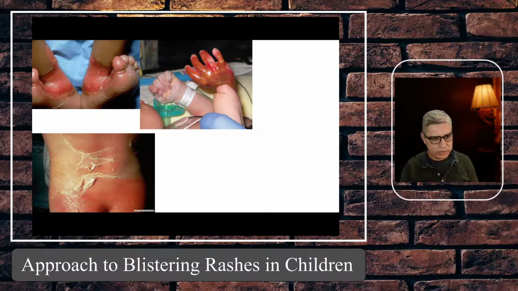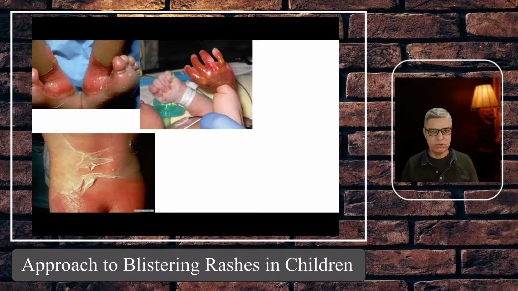And last but not the least, if you see the last photograph over here, you can see large bullae which have just been denuded and have popped open, leaving a raw surface behind. This is Staphylococcal scalded skin syndrome. It usually starts as a staphylococcal infection in some part of the body, and after a few days the exfoliative toxins spread through the whole body and cause bullae in different parts of the body.